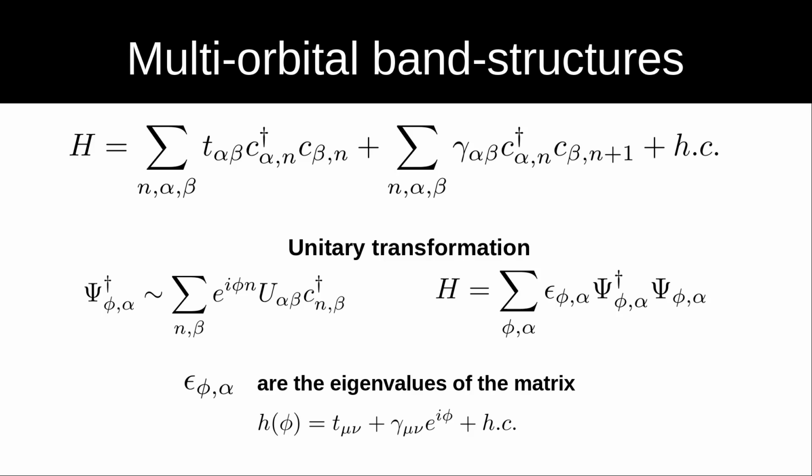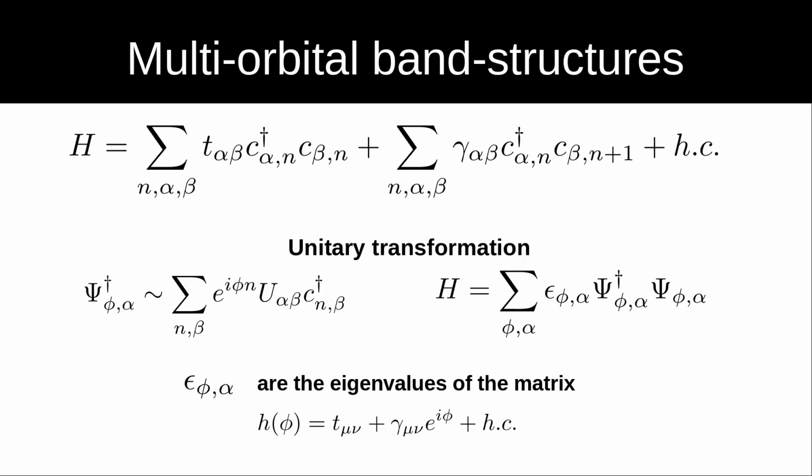Now, what we have to think is that instead of having just simply a symmetry that consists of taking site number n and transforming it into site n plus 1, we can have a much more generic symmetry. We can have a symmetry that not only transforms site number n to n plus 1, but that also makes some unitary rotation in the orbitals that we have in the unit cell.